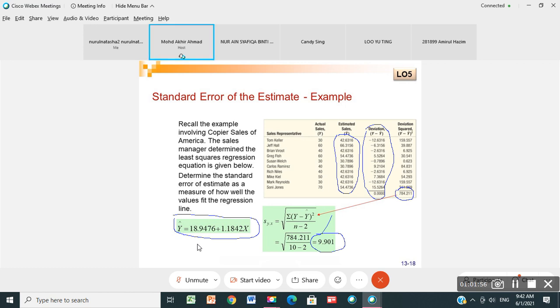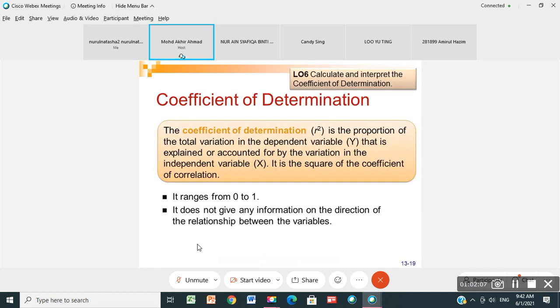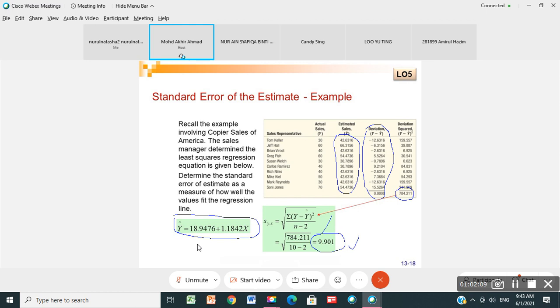Okay. So what does this value indicate? Macam mana kita nak interpret this value? Boleh saya tanya John? Yes, Doctor. So John, how do we interpret this value?